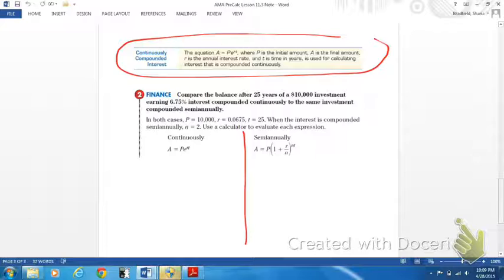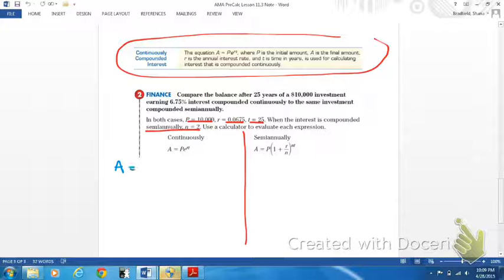So for each one of these, we're going to fill in our equation. We're given that P is 10,000, r is 0.0675, and t is 25. And then when we do the compounded semi-annually, we're going to use n equals 2. So let's do the continuously compounded one first.